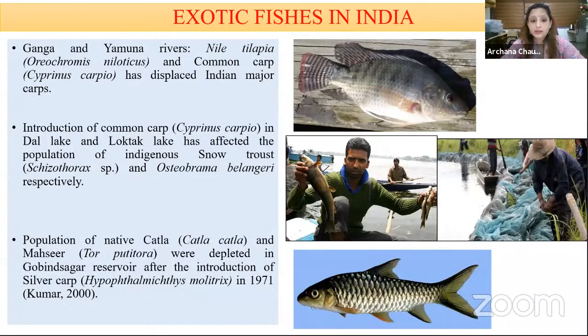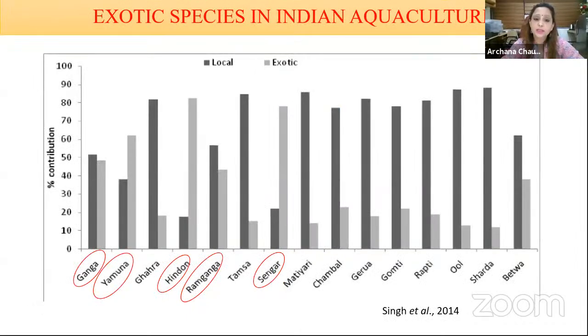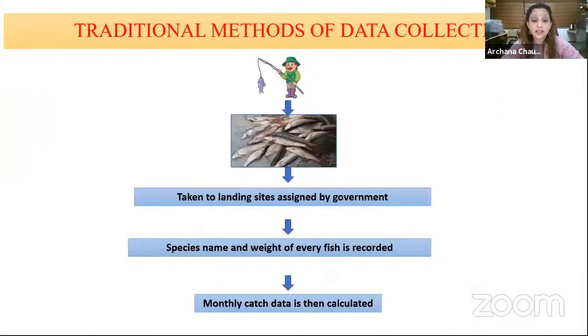Now, whenever the estimation of this kind of data, for calculating the number of exotic fishes and the local fishes, was desired, the traditional methods for data collection were that researchers or students would go to the landing sites, which are basically sites approved by the government of India to study the catch.